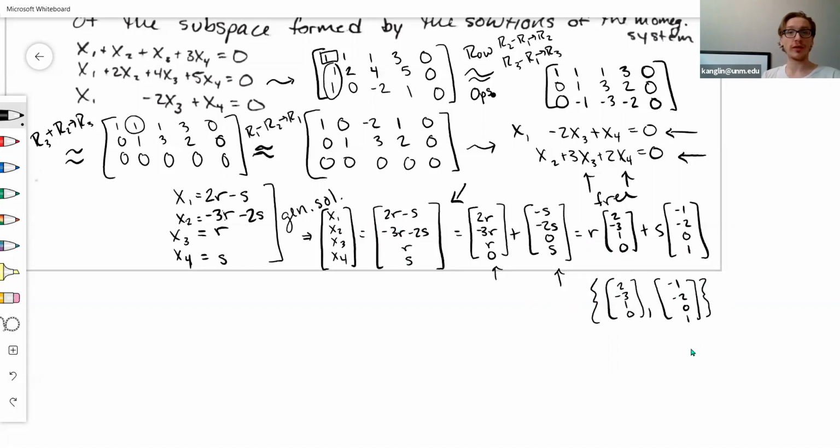Now, in order to show that this is a basis, I would have to show that this spans the solution space, and is the set of vectors linearly independent.